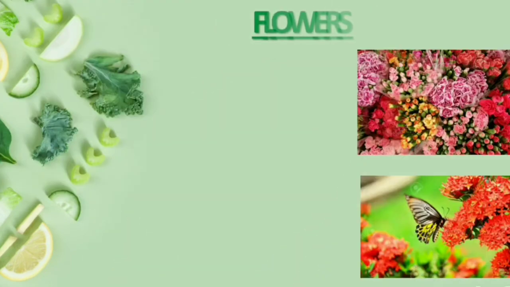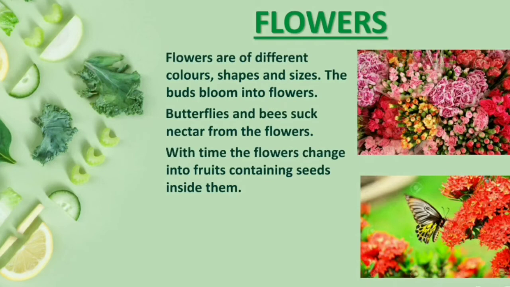Moving on to our next topic, that is flowers. Now flowers make the plant look beautiful. Flowers are of different colors, shapes and sizes. The buds bloom into flowers. The butterflies and bees suck nectar from the flowers. Now what is the nectar? Nectar is a type of juice which is present in the flowers, and butterflies and some of the bees suck the nectar from the flowers.